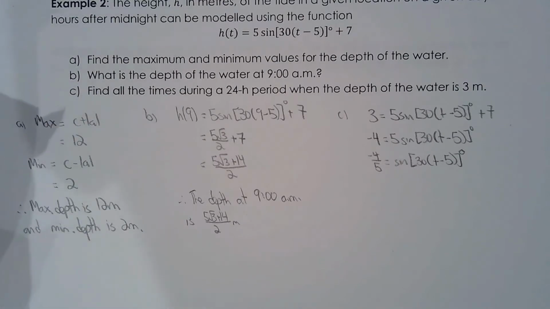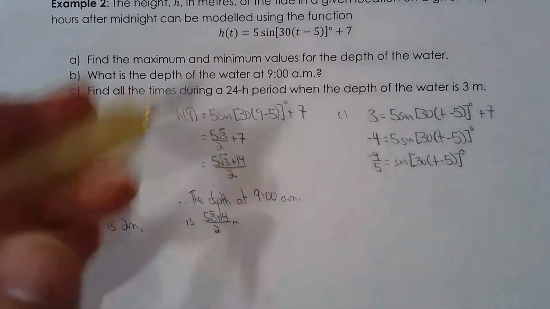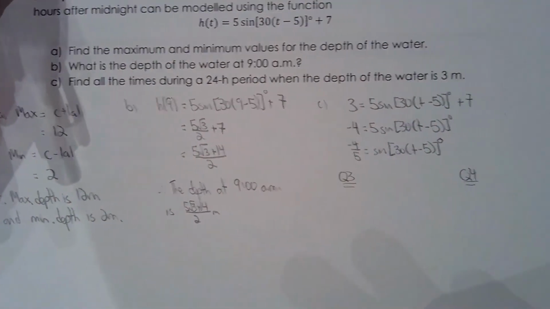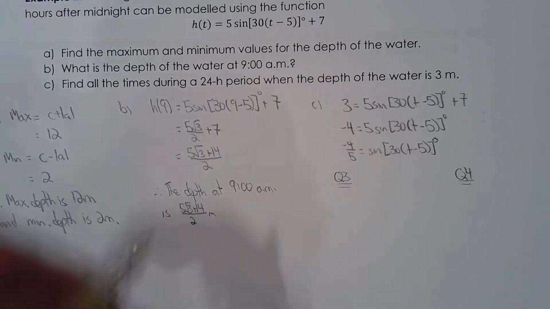So let's get the quadrant 3 answer. The quadrant 3 answer says that 30 times (t minus 5), the angle, is equal to about 233.13. Okay, let's also solve for the fourth quadrant answer.